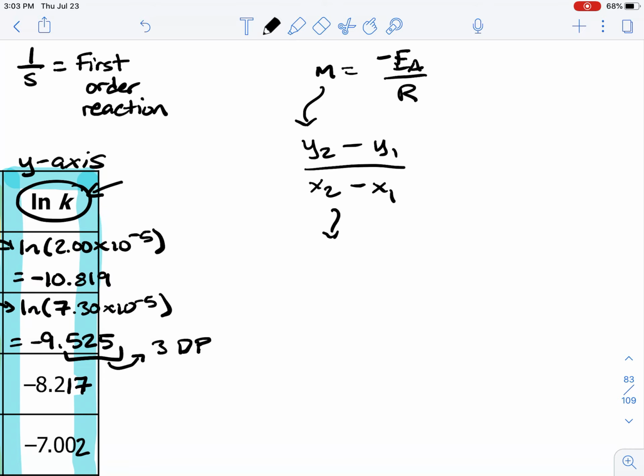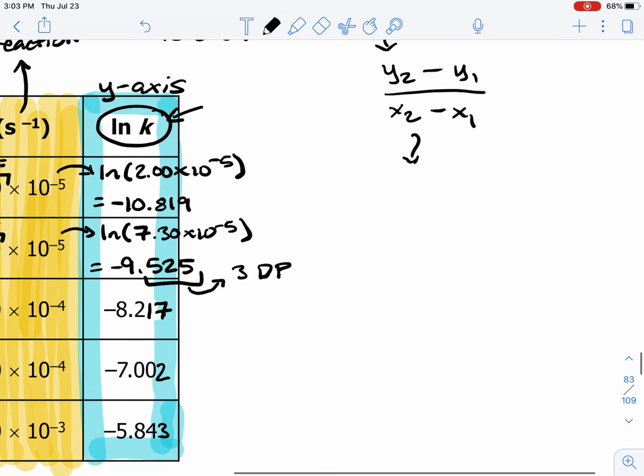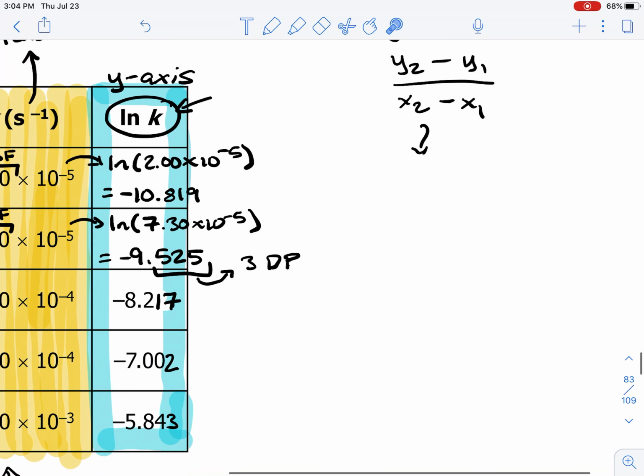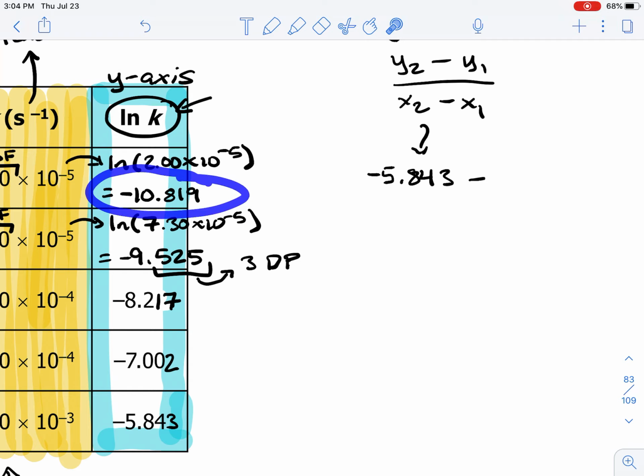All right. And so let's go ahead and fill in these numbers. y2, I'm going to use as negative 5.843. And y1, I'm going to use the negative 10.819.